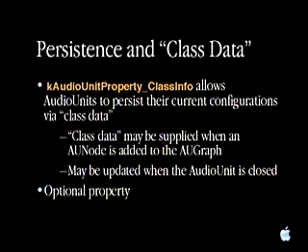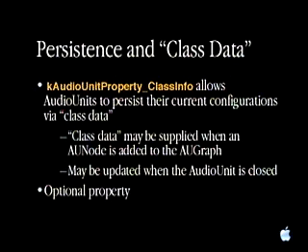Oh, this class data. When an AUNode is added to the graph, it's possible to pass arbitrary data in with a void star pointer and a length, similar to the properties. And if you add this optional class info, when the audio unit is opened, a property call will be made on the audio unit with this data.